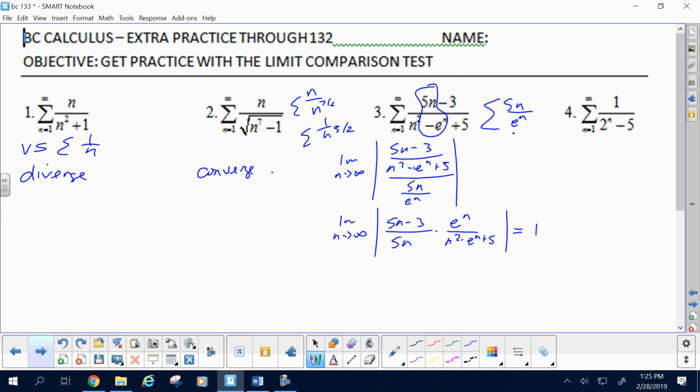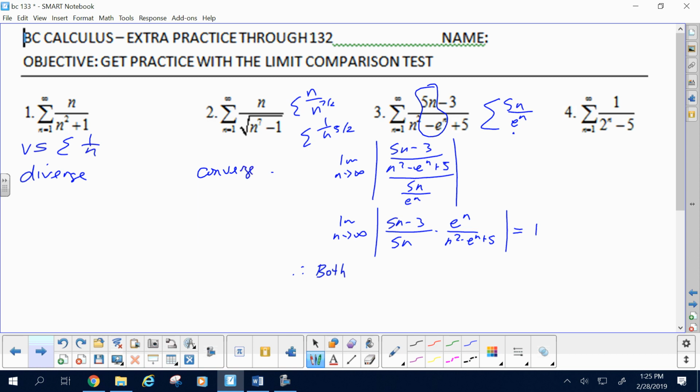All right, now that, from the LCT big idea, implies that there's some harmony between the two series. The terms start to approach, as they get infinitely large, pretty much a one-to-one relationship. And so adding them should be roughly the same result.